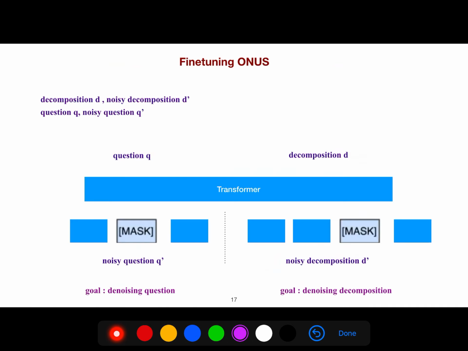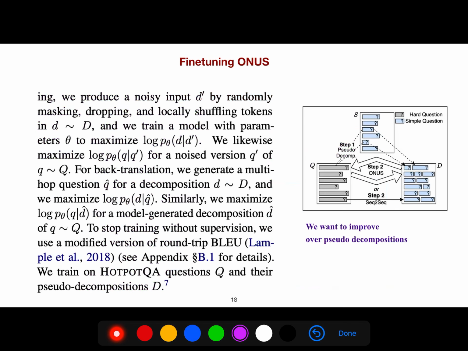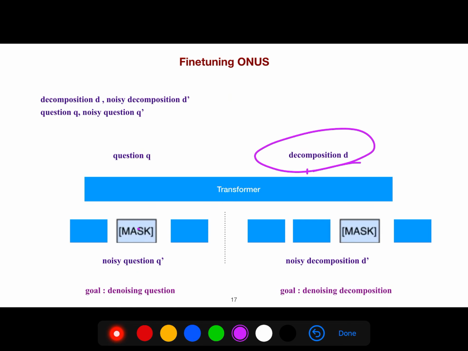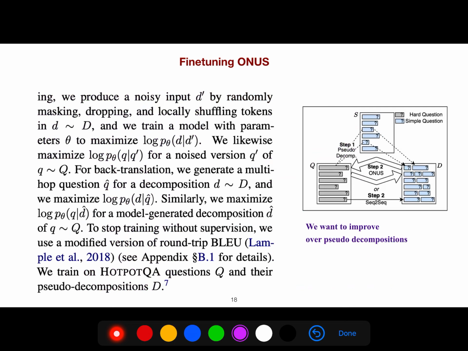Inspired by this one, they created this algorithm. So we say we have a noisy question. We have decomposed that. We want to see how we can mask them and then find a better decomposition with, hopefully, a better algorithm. So this is the fine-tuning, and we want to improve over it.